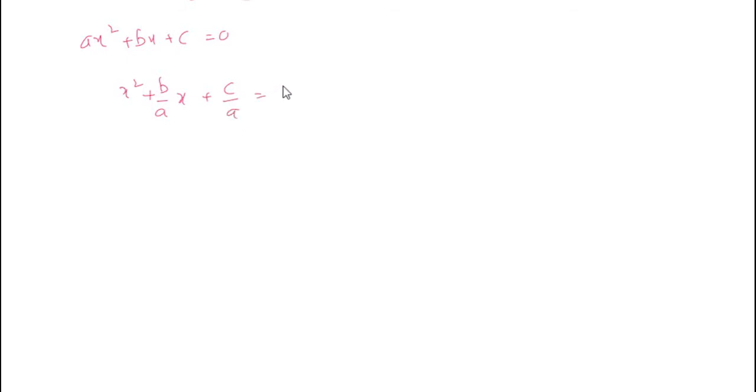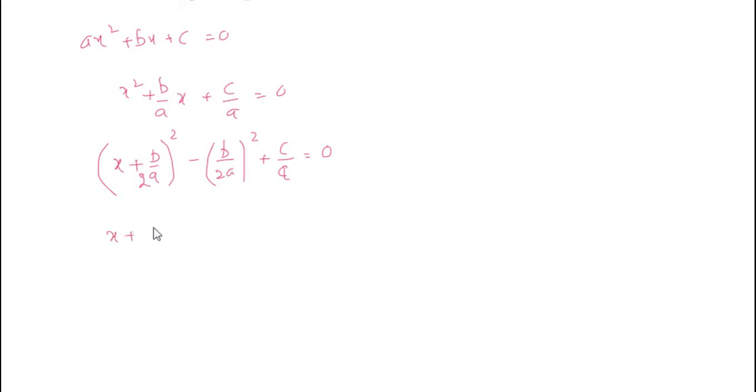Now let us try to form the square, that is x plus half of the coefficient of x, that is b by 2a, whole square of this, then subtract b by 2a whole square from this, and retain the constant term c by a as it is.